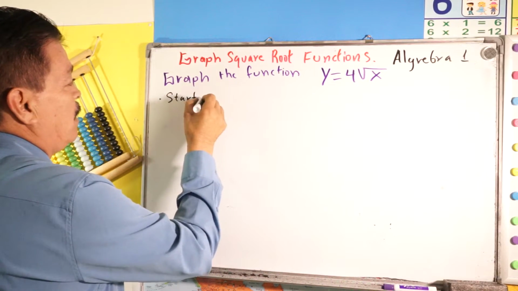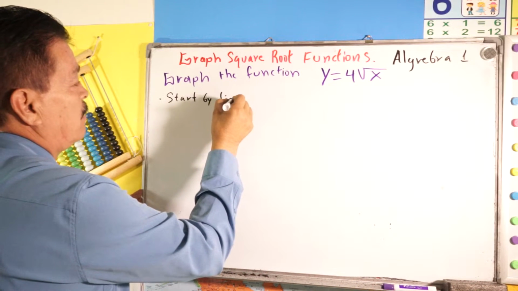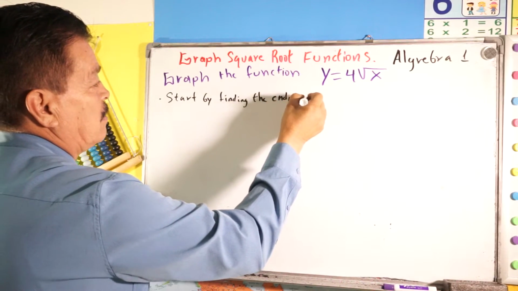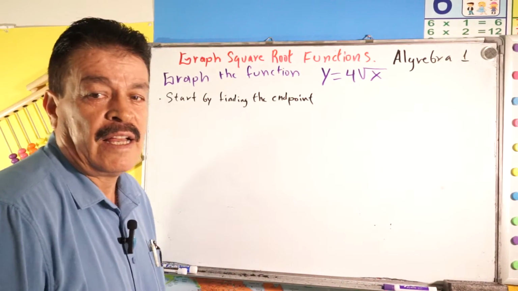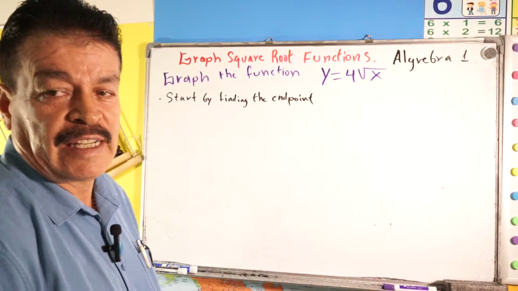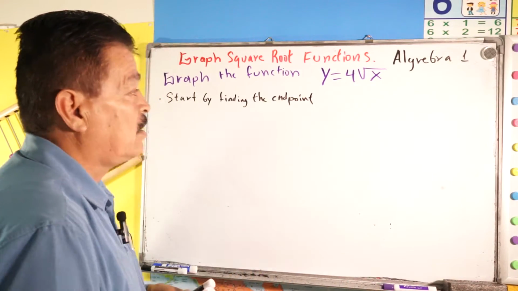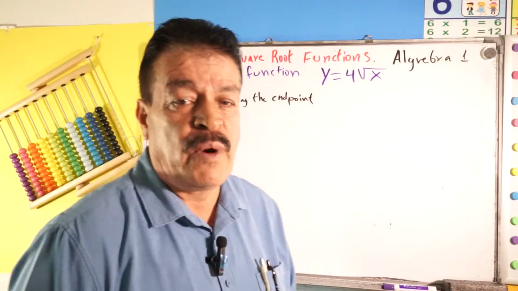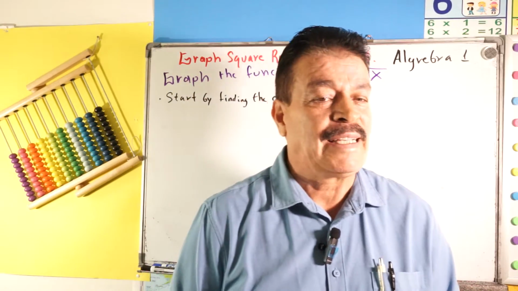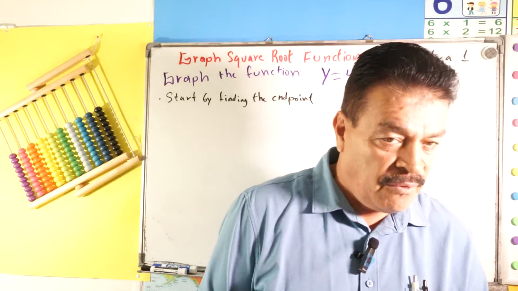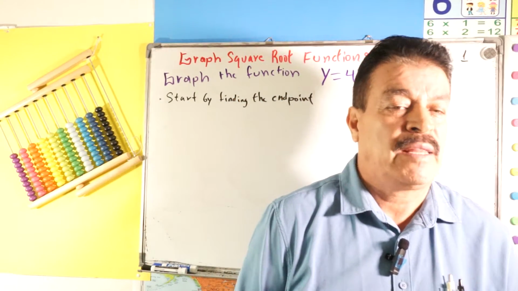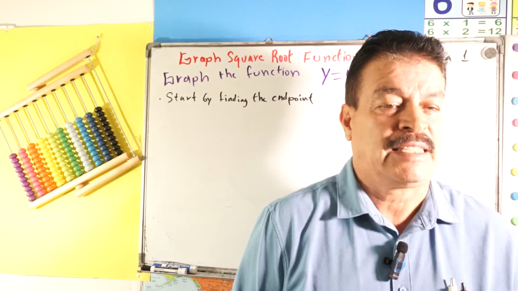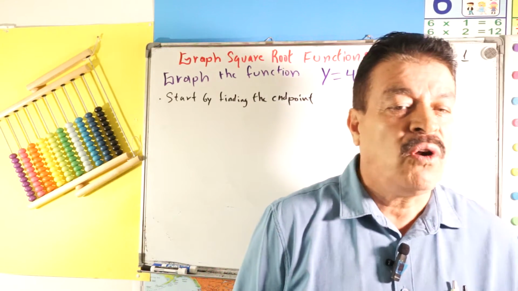Since the square root of a negative number is not a real number, the function is defined only when the value under the square root is not negative.